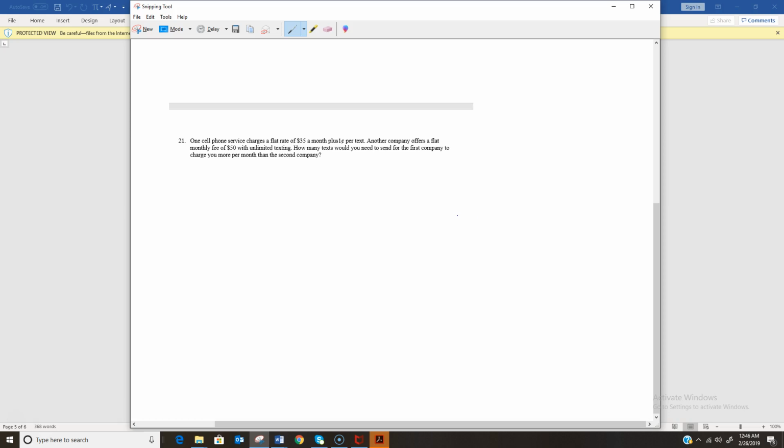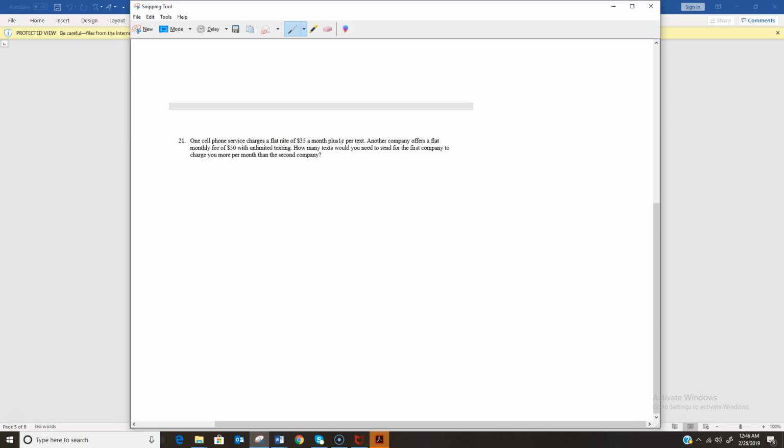And then one cell phone service charges a flat rate of $35 a month plus a penny per text. Another company offers a flat monthly fee of $50 with unlimited texting. How many texts would you need to send for the first company to charge you more per month than the second company?